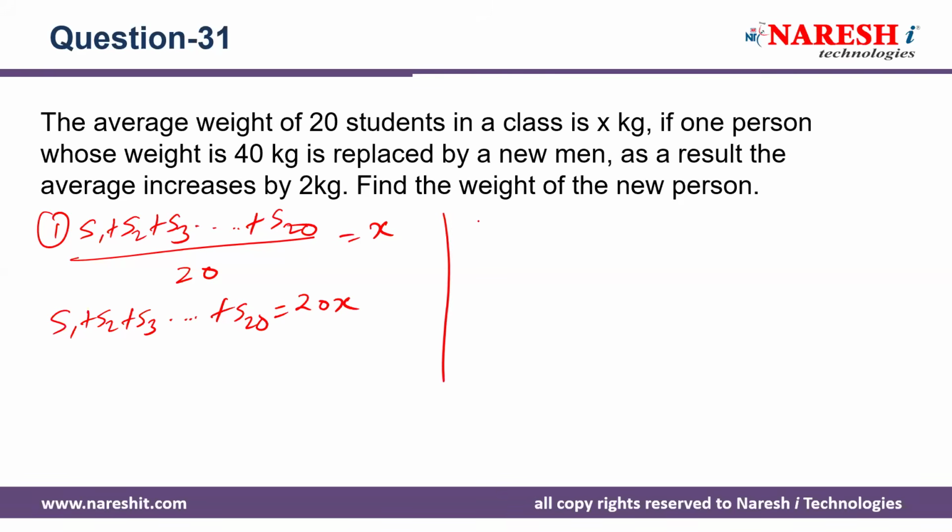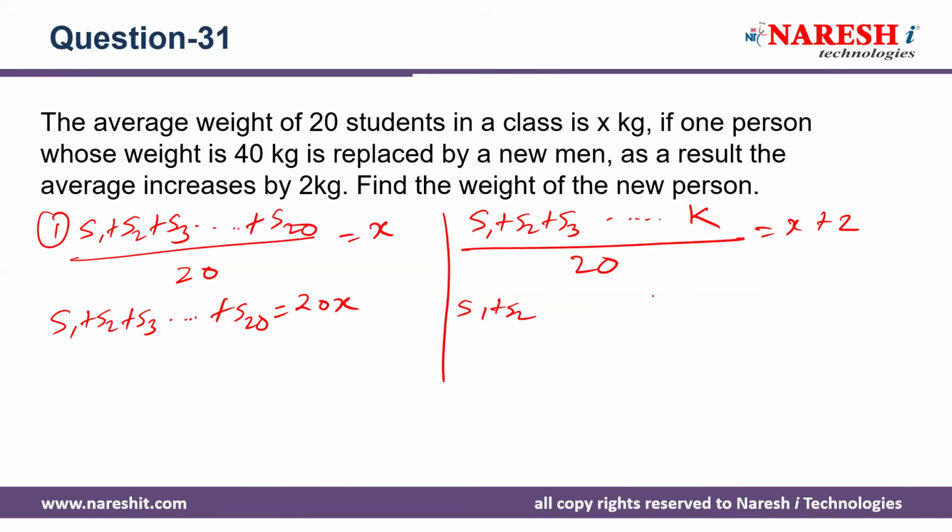Second one, let's take the 20th person as k, the new person k, equal to x plus 2. Multiplying 20 on the right hand side, it becomes 20x plus 40.